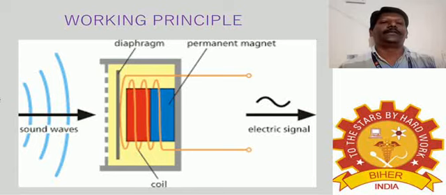As moving coil is attached to the rear side of the diaphragm, it also moves and cuts the magnetic field. If moving coil cuts the magnetic field, the sound signal is converted into electrical sound signal. After converting, it can be carried through the cable.